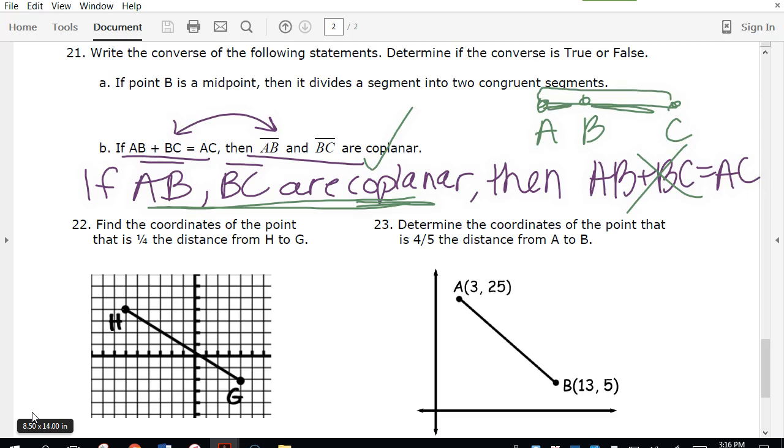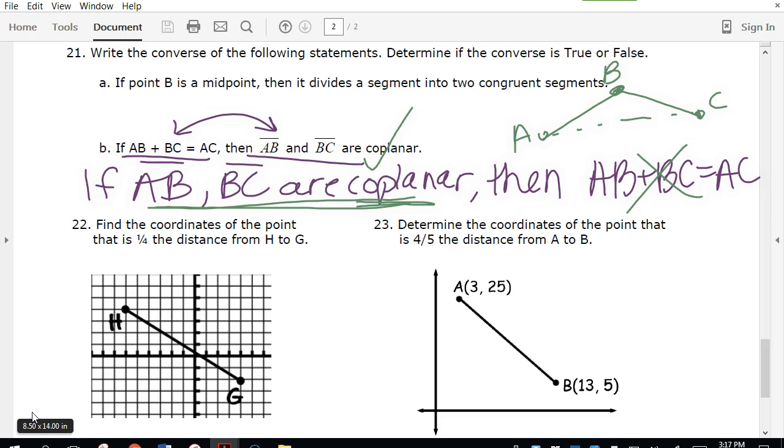Okay, so I did not prove it wrong. Now you need to think outside of the box. All it says is that they have to be coplanar. It didn't say they have to be in order or collinear. So we could change the order up, or we could go crazy and do this. Look at this. A, B, C. Now, does AB plus BC equal AC?